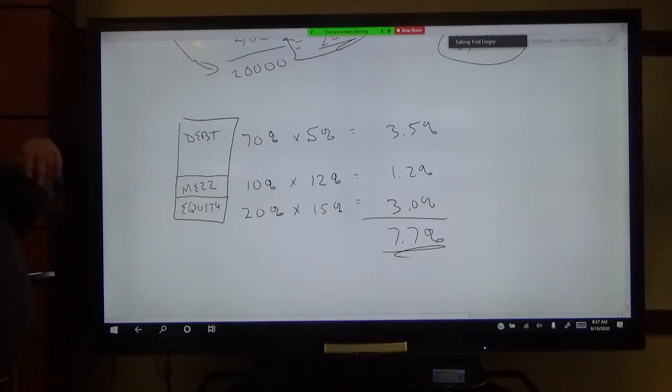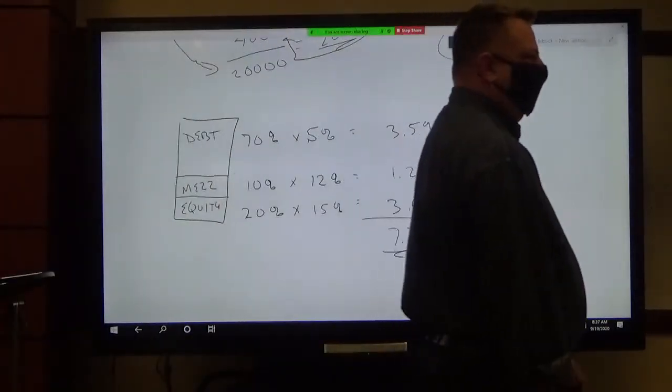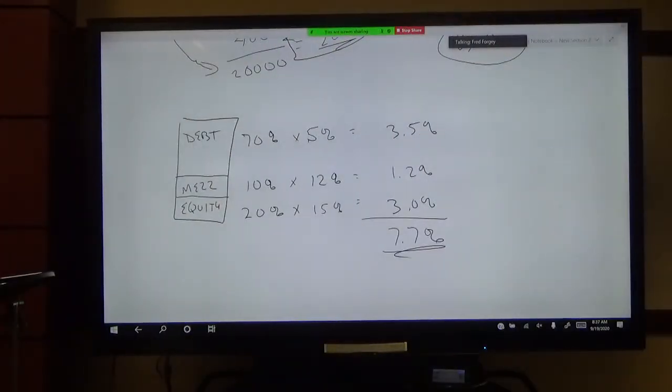So we've modified our capital structure now to insert a different sort of cost of capital in here.